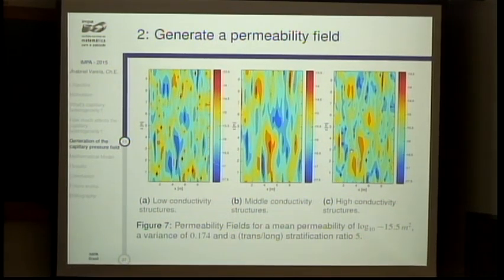And in the middle, we show the intermediate conductivity structures, which is somehow an averaging of these two. Okay? This was generated with the mean permeability that we said before, a variance of 0.17, and a stratification ratio transverse to longitudinal of 5.